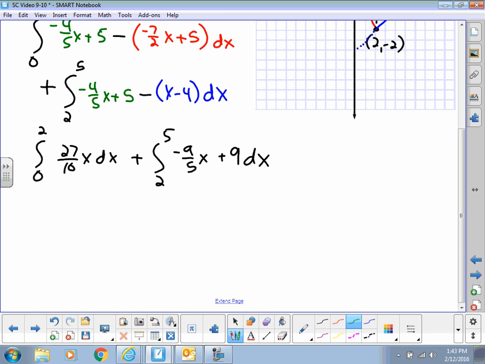So we'll take our antiderivative. We'll have x squared, multiply the front by a half, so we'll have 27 over 20, which is going to get evaluated from 0 to 2. We'll add on x squared times minus 9/10 now, and we'll have plus 9x, and that's going to get evaluated from 2 to 5.